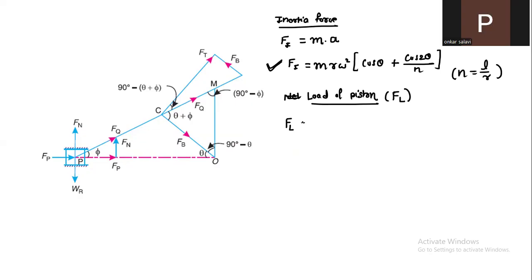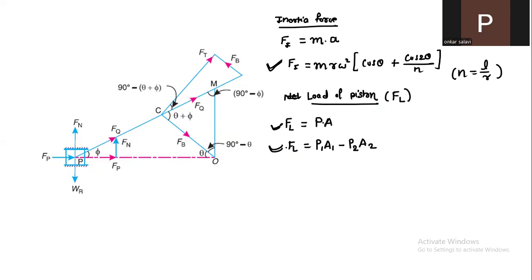FL is equal to the pressure into the cross-sectional area of the piston. If the engine is double acting, then this is written as P1A1, that is pressure on one side and area of one side, minus P2A2, pressure on the other side into area of the other side. So this is FL, the first for single acting and the second for double acting.